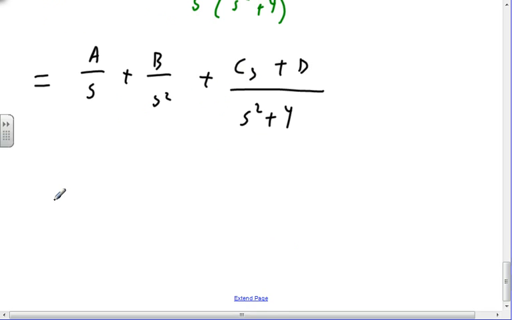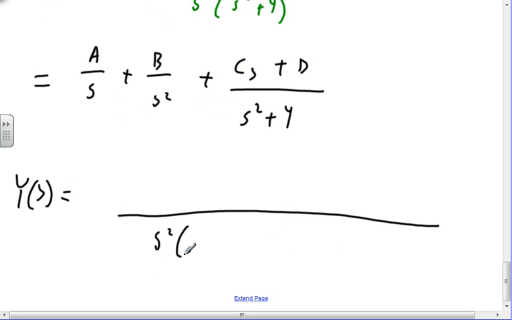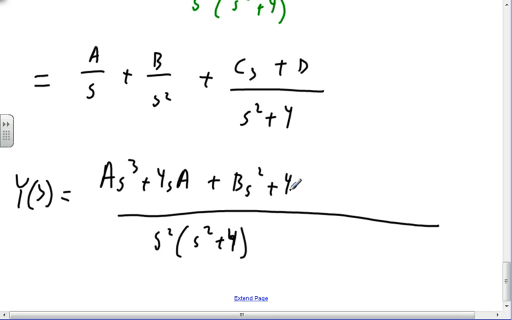And then we're going to put it over a common denominator. On the bottom, I'm going to have s squared times s squared plus 4. And on the top, I'm going to have As cubed plus 4As plus Bs squared plus 4B plus Cs cubed plus Ds squared.